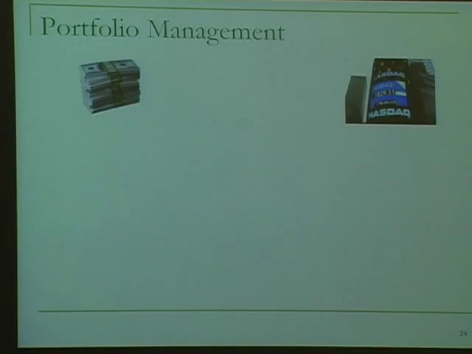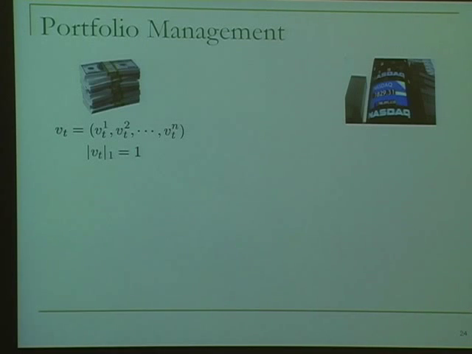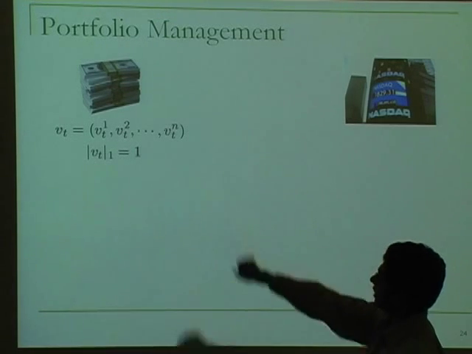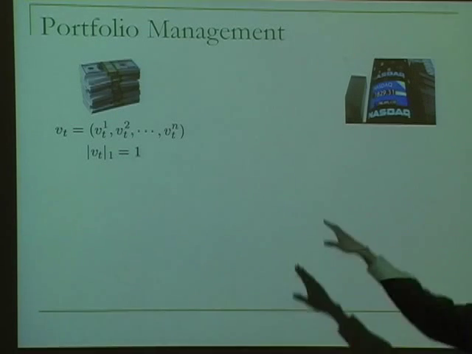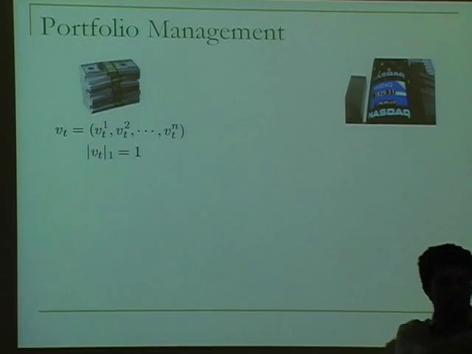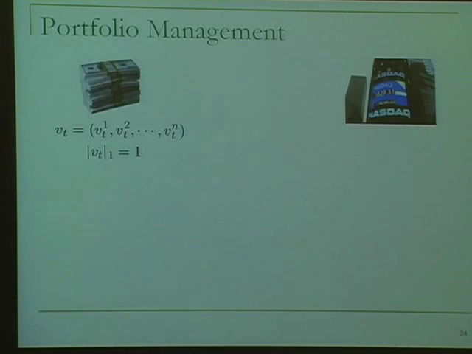So the first, again, we're back to money. Portfolio management. The way portfolio management is usually modeled is in each round, you play this vector Vt of positive coordinates whose sum is 1. This is basically saying you split up your money amongst the various stocks in various percentages.